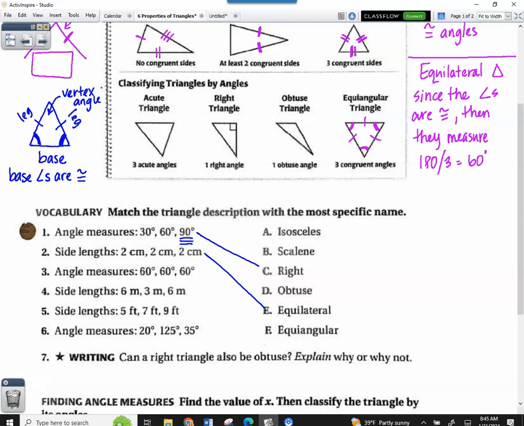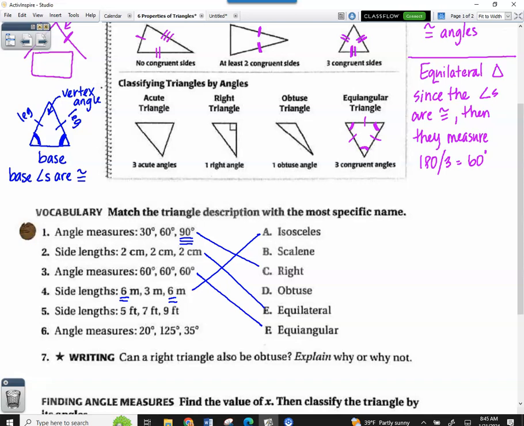All right, what if the angle measures 60, 60, 60? Equiangular. What if the sides measure 6, 3, 6? Notice that these two match, which tells me it's an isosceles triangle.